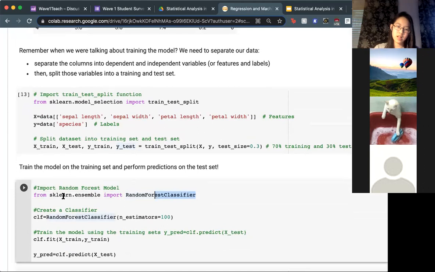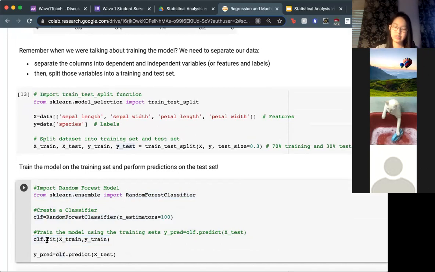The model we're using is from sklearn, love that thing. Instead of the regression stuff, it is now RandomForestClassifier. You can create this classifier by saying, hey, this is the number of trees that you want, and then train this model. We name the classifier clf.